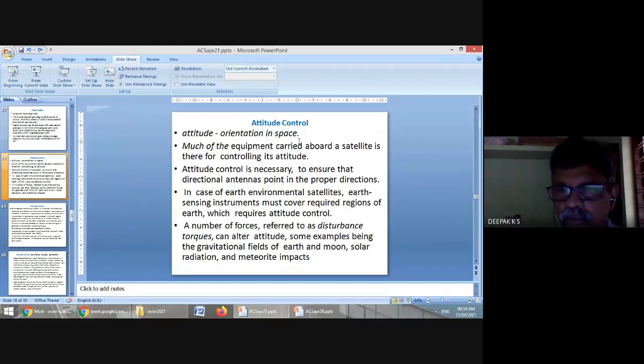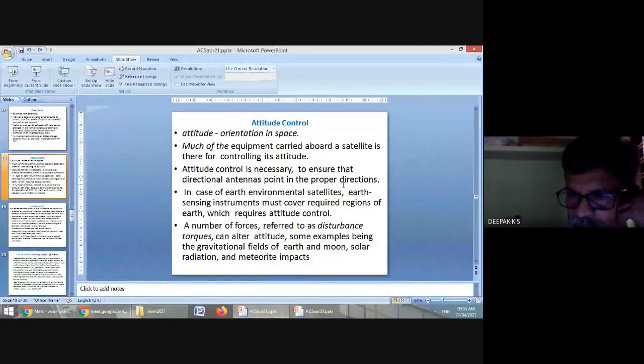So the orientation in space is the attitude. Much of the equipment carried aboard a satellite is there for controlling its attitude. Attitude control is necessary to ensure that directional antennas point in the proper direction.